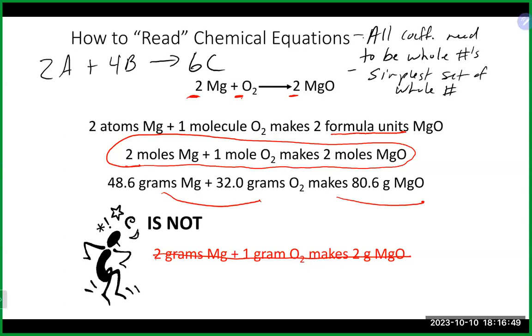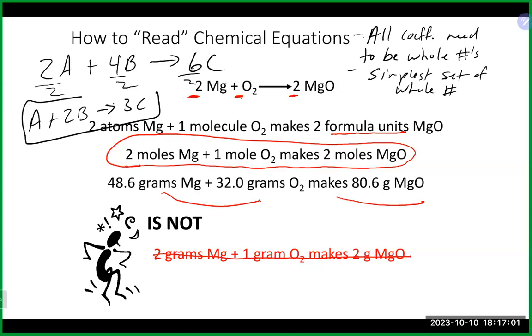Although it is balanced, what could I do with all those coefficients? I could divide them all by 2, yeah? And you should, to get the properly balanced equation, which in this example would be something like this. This sometimes happens because people can see larger numbers to balance it, and it can be balanced. But if you can still reduce all of your coefficients by a common number and still have whole numbers, that gives you the properly balanced equation, not the one where you haven't reduced it down.